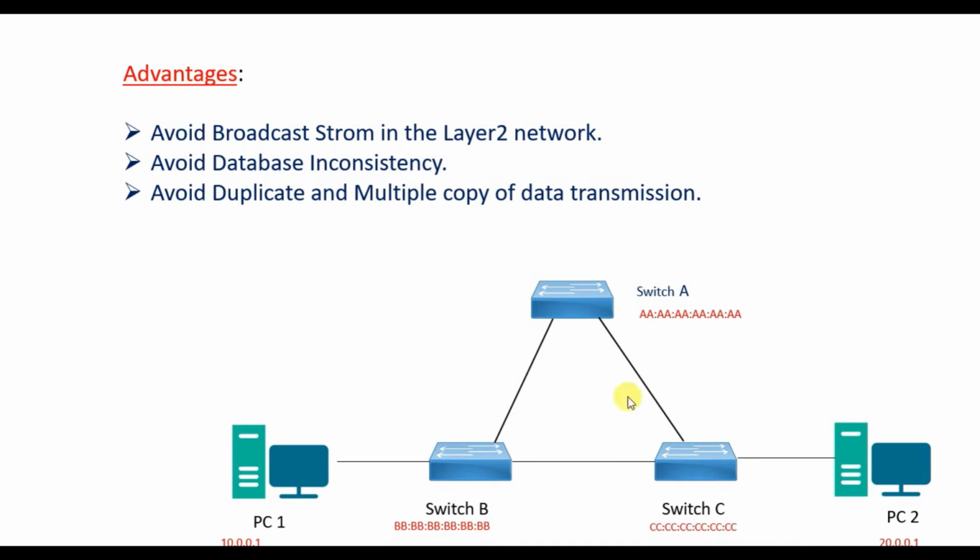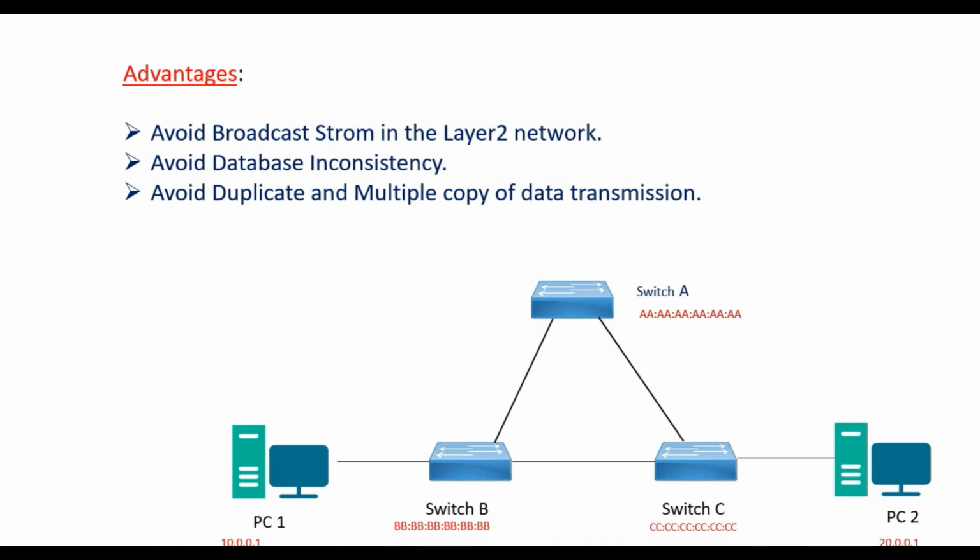Once we use STP in the network, it will see how many active links and how many redundant links there are. If STP detects a loop in the network, that is, if a redundant link is used in the network, then it will force the link to the blocking state, and it will have only one active link.